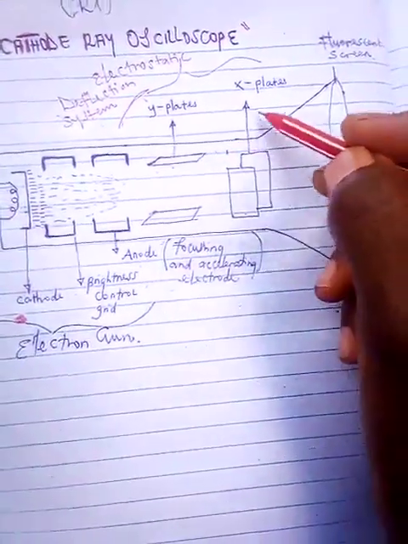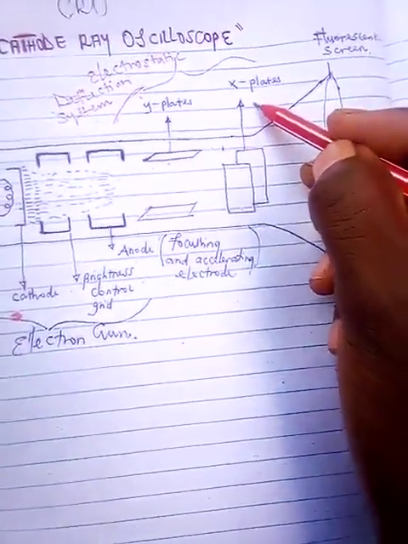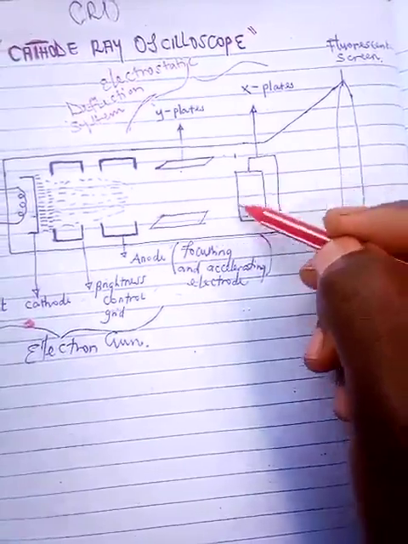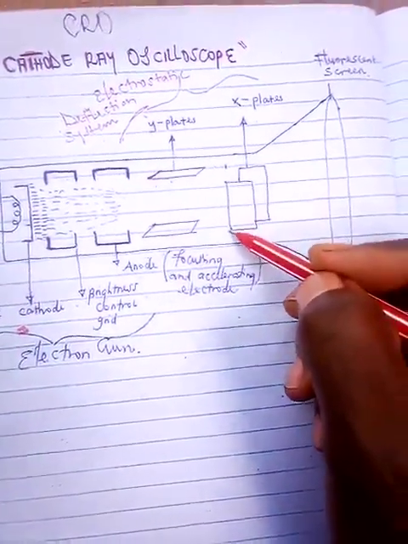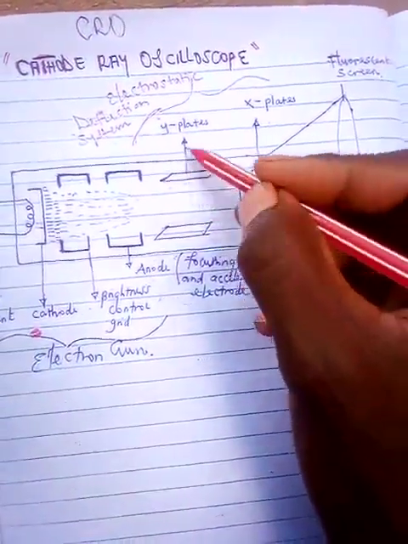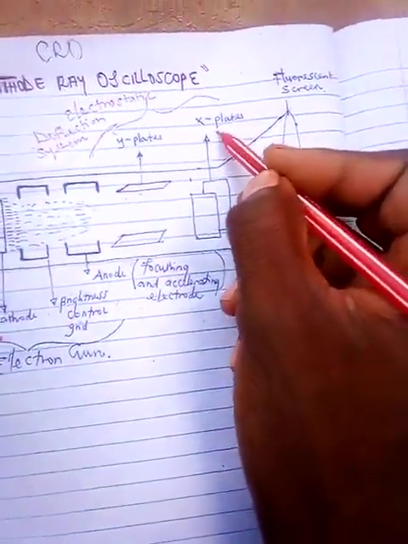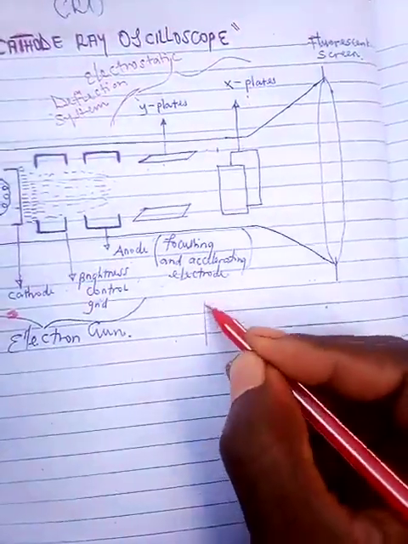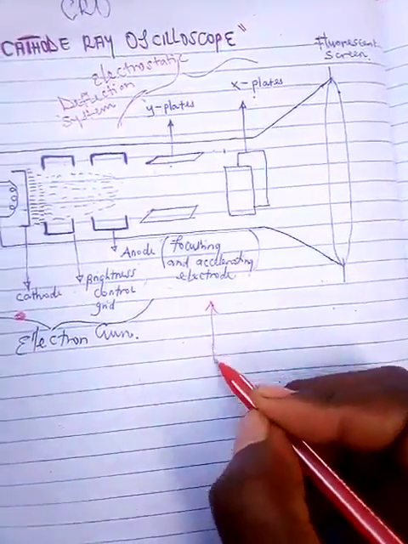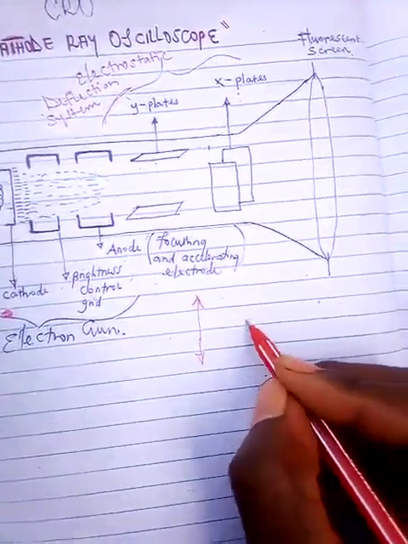The function of the X plates, on the other hand, is to deflect these cathode rays horizontally. Just look at it: Y plates, X plates. If we relate this to mathematics, the y-axis is going to be in this way, and the x-axis is going to be in that way.